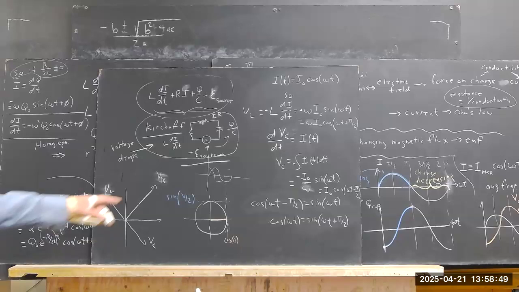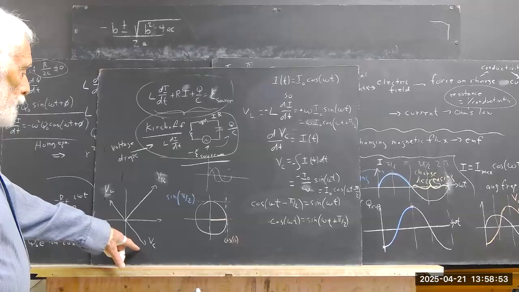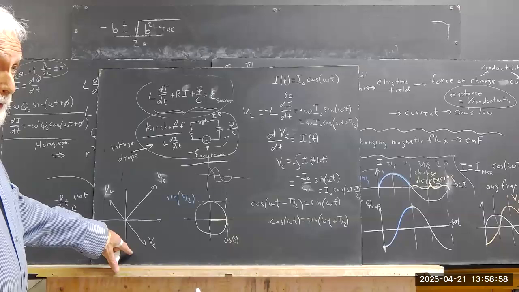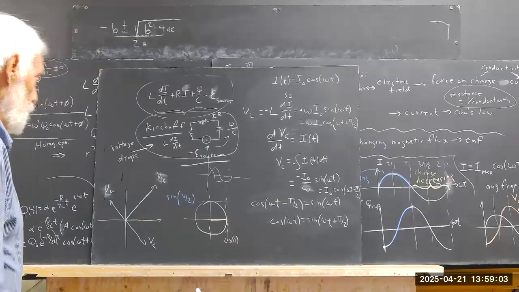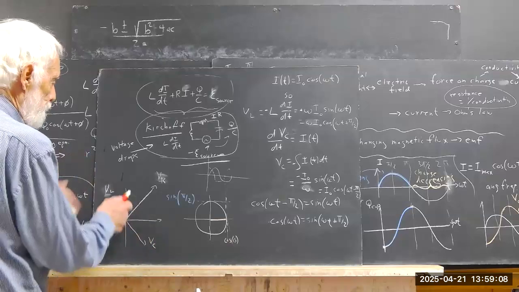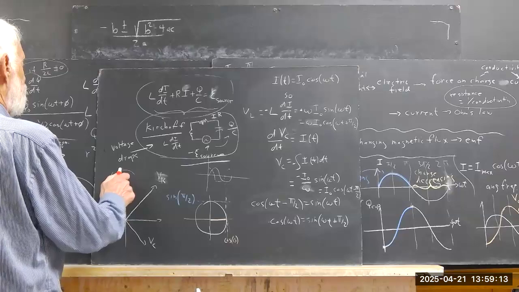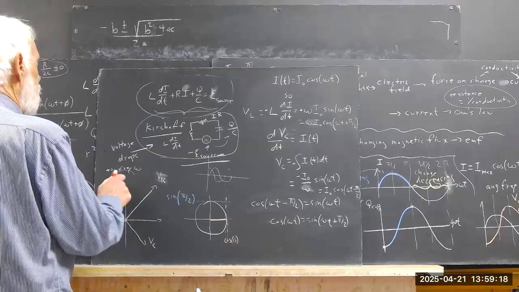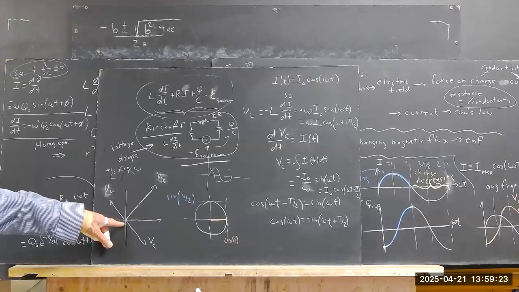This is the voltage across the resistor, this is the voltage across the inductor, and the voltage across the capacitor. One will typically be bigger than the other. Maybe the resistor is missing. But we imagine that this whole picture, these three vectors, are rotating with angular frequency omega around the origin.